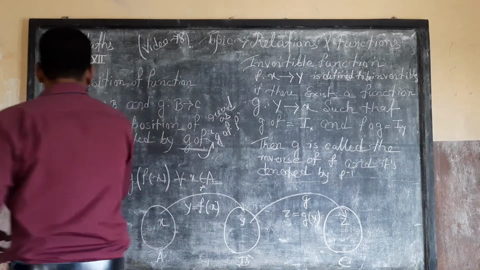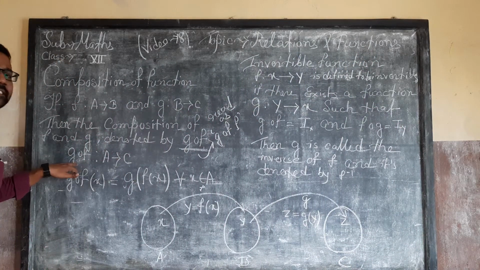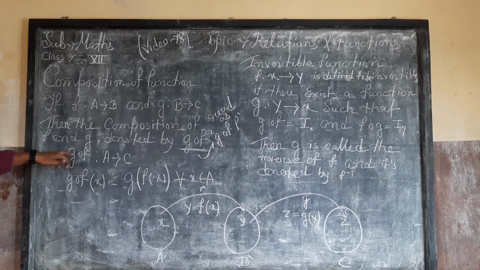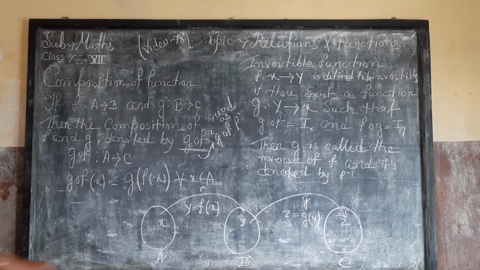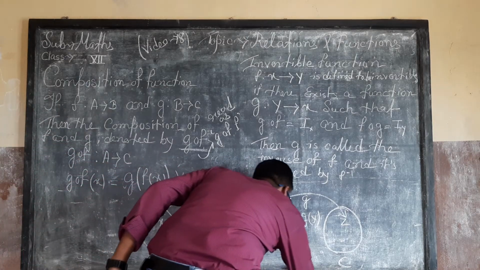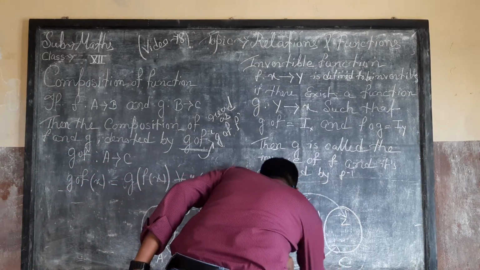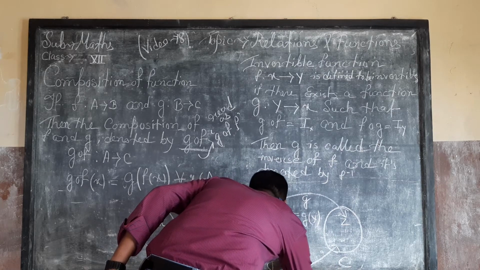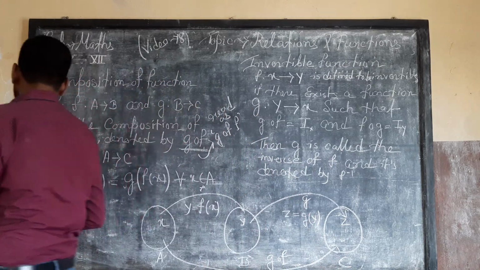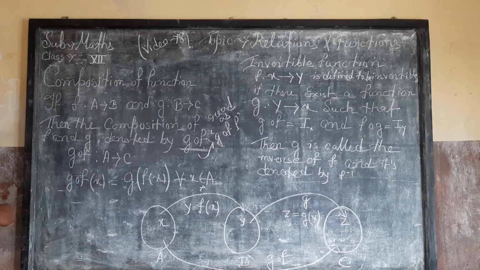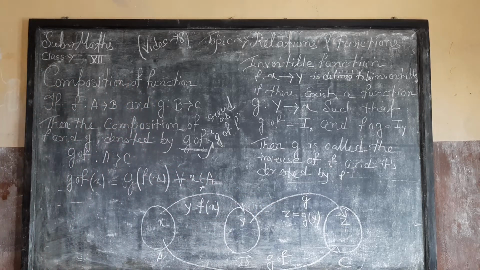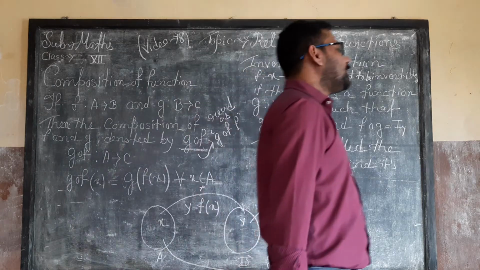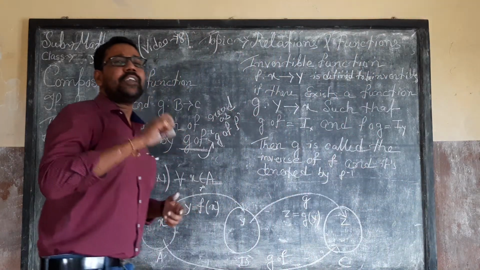As per the definition of the composition of functions g and f, this is nothing but g∘f. So we can write z from A to C, that is z = (g∘f)(x). Here x is mapped to z.